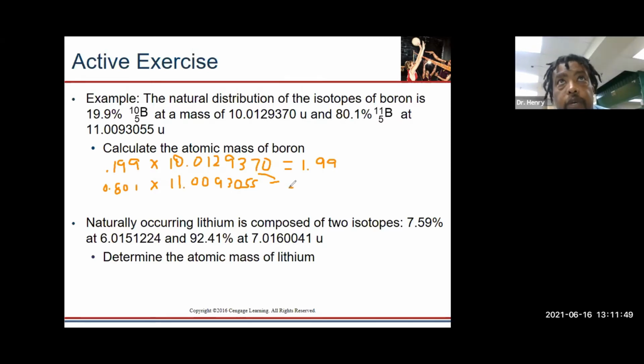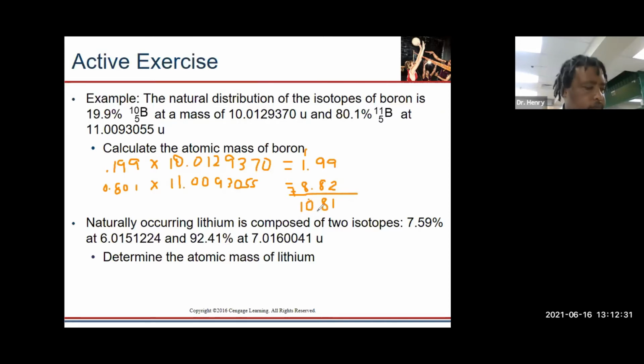And you're going to end up with, again, 3 sig figs, 8.82. Then we're going to add these 2 together, and that's going to give me my mass of boron. So that's 1.99 plus 8.82, so 10.81.